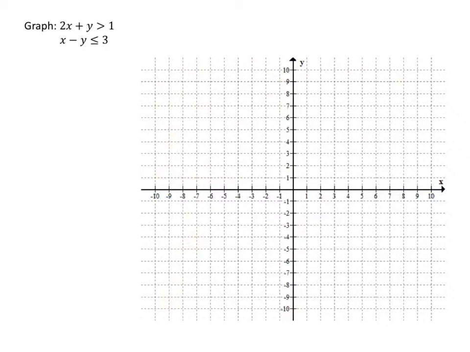Here we have a system of inequalities. With a system of inequalities, we're going to have to graph two lines and then shade them both. So first, I will rearrange the first inequality.